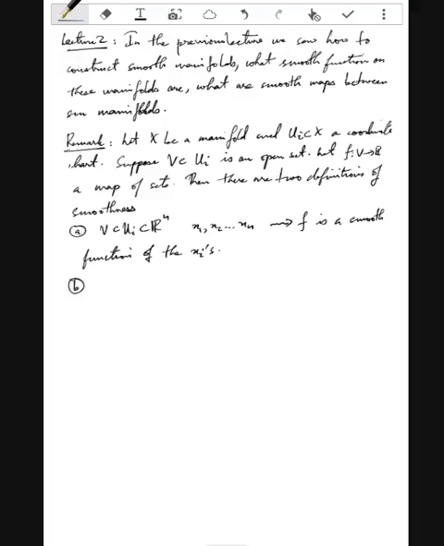And the second definition is: view V as an open subset of X and apply the definition.